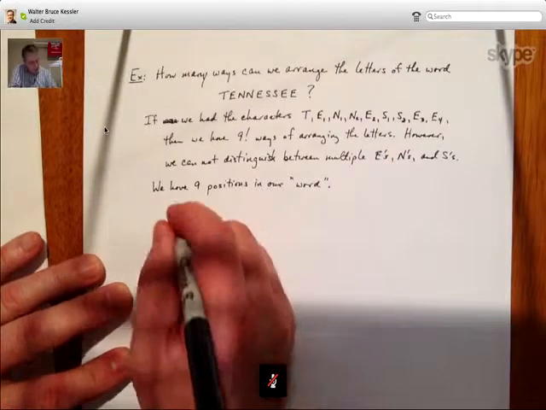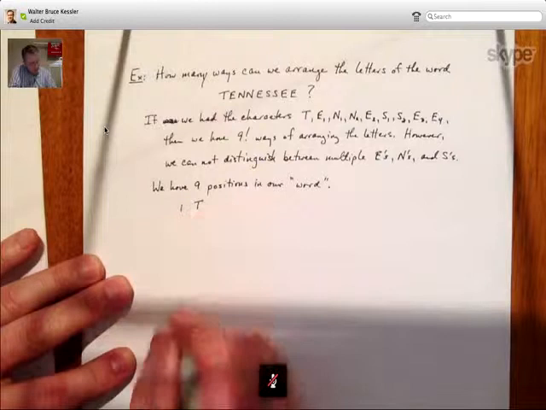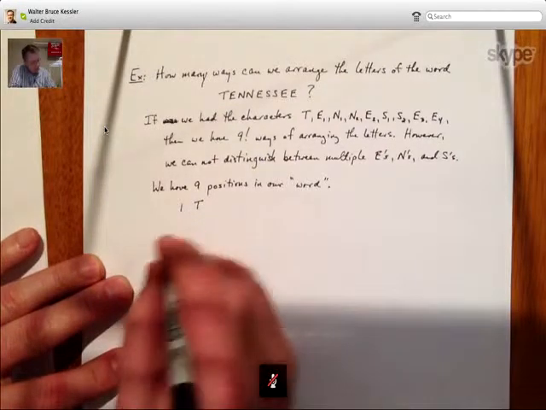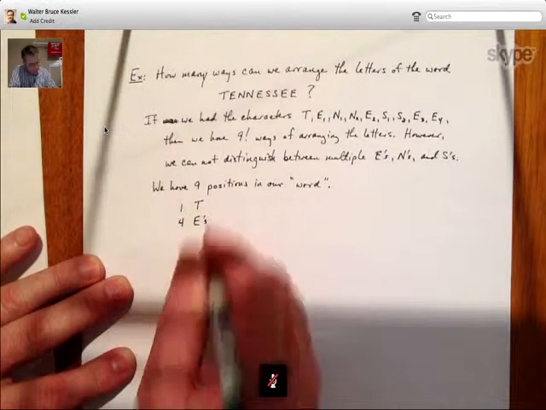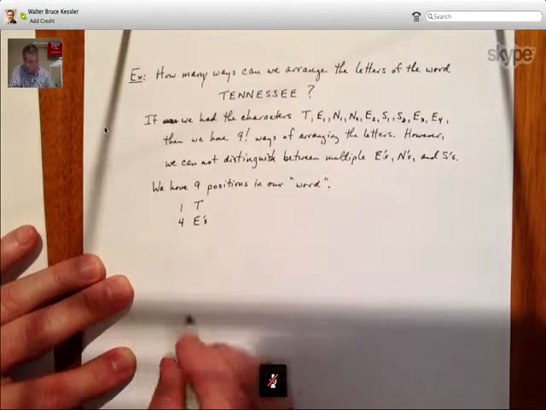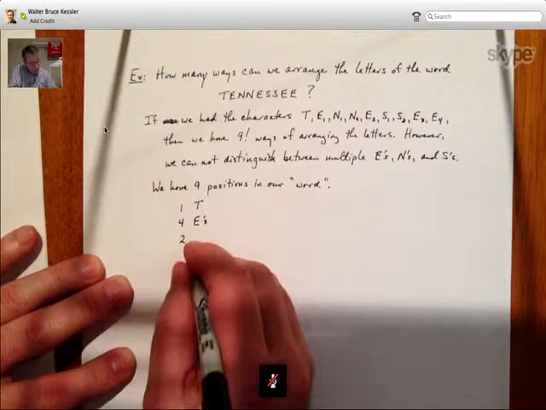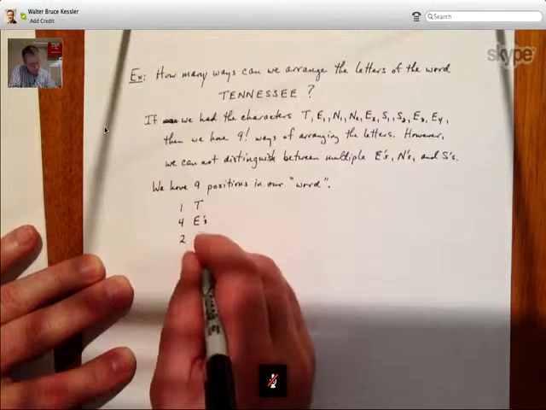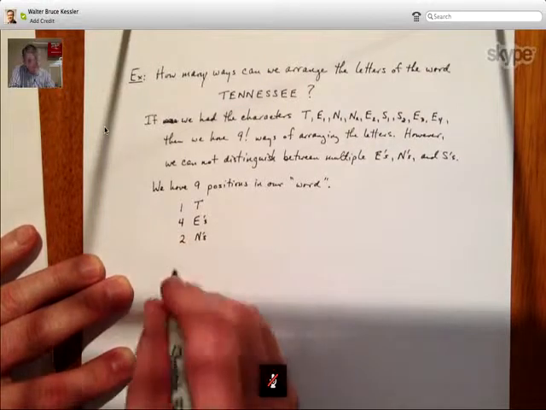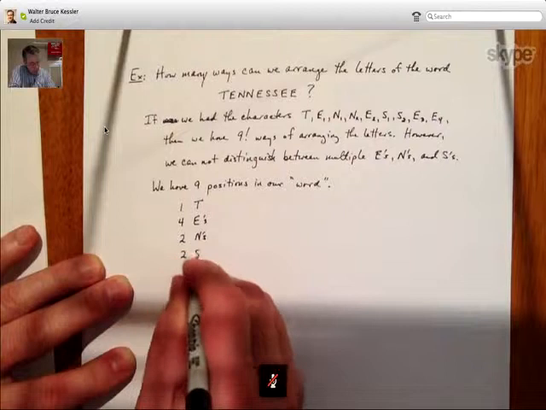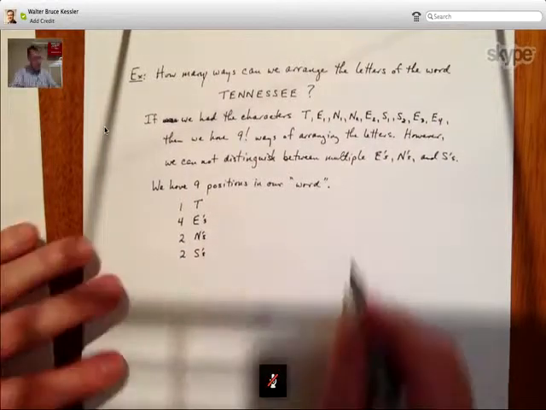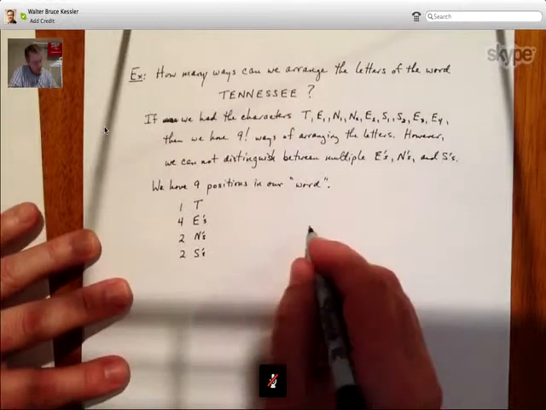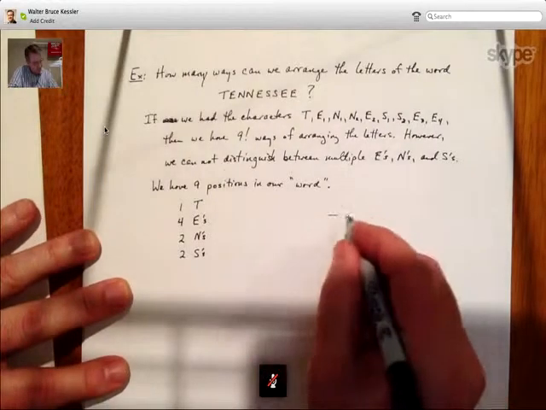And I have basically 4 letters. I have 1 T. I have actually 4 E's, right? Okay. I have 2 N's. And I have 2 S's. Okay. So if we're going to build this word, you got 9 slots over here.